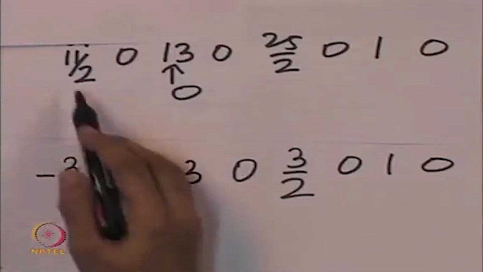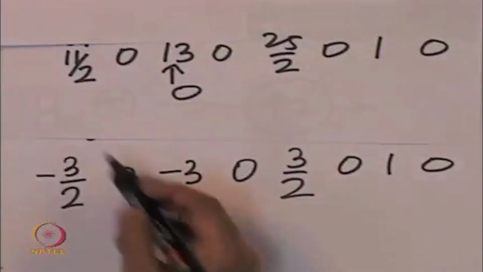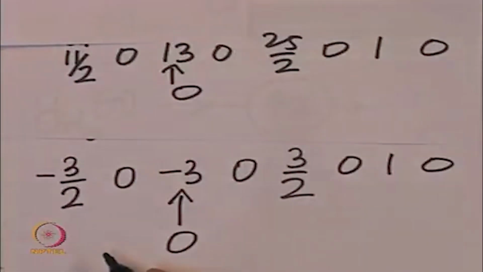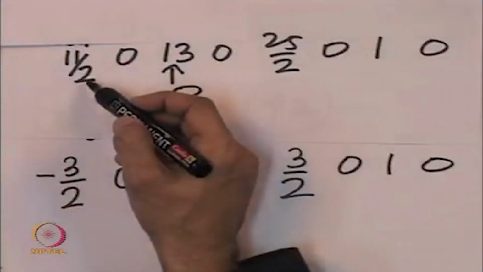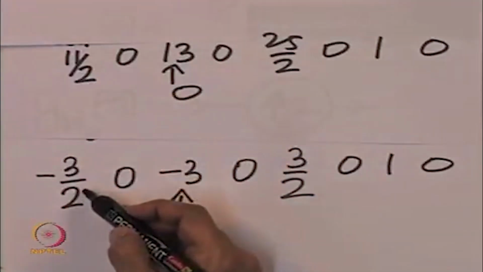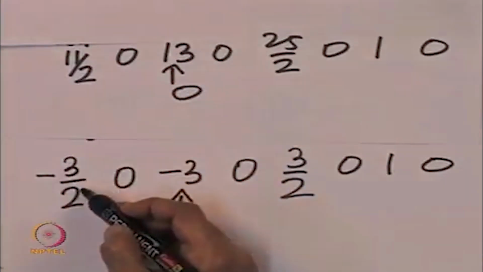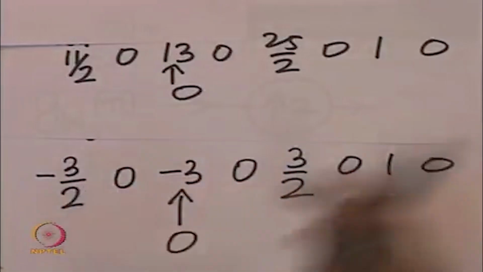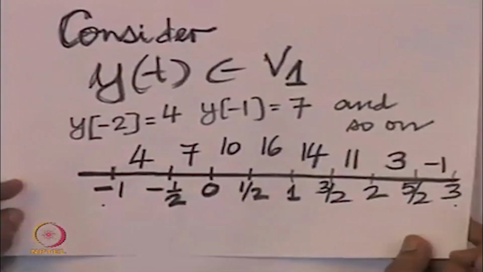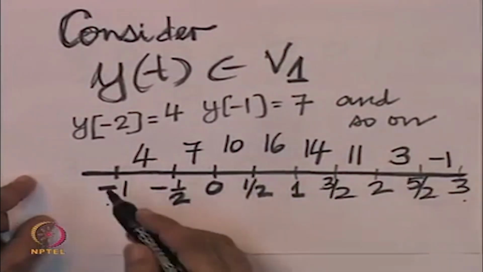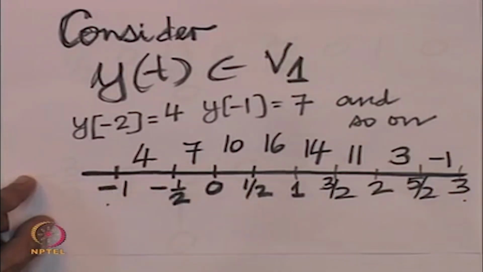So, in these two half intervals, remember these actually correspond to half intervals here. 11 by 2 minus 3 by 2. In other words, when you add these, that is 8 by 2, would give you the value of y t between minus 1 and minus half, 4.